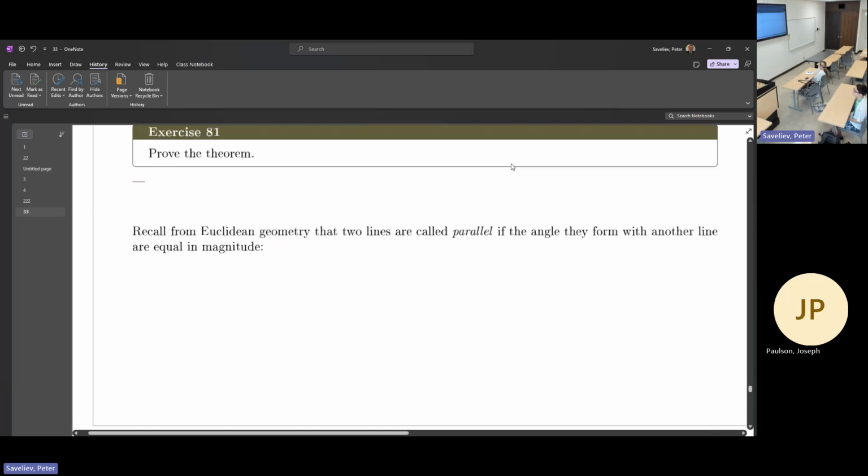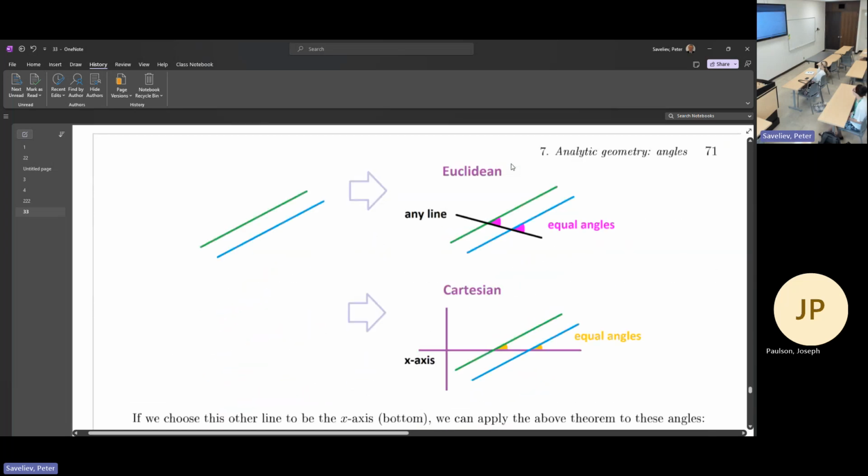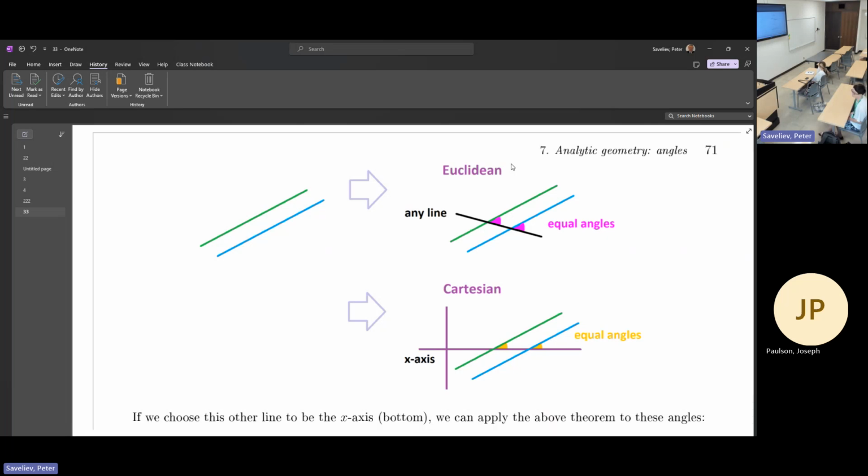Okay, so let's review some geometry, just to refresh your memory. Parallel lines, remember, we talked about that before, and now in the context of the Cartesian system, we're not speaking of just lines drawn on paper, but rather we can compare the slopes. If the intersection is with the x-axis, then the angles are exactly the ones that we just computed. So if two lines have the same slope, then we know the lines are parallel.